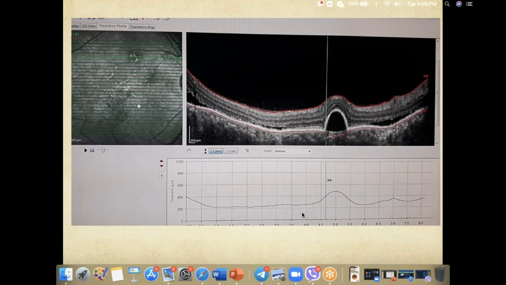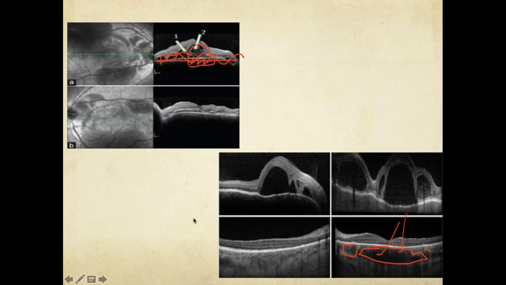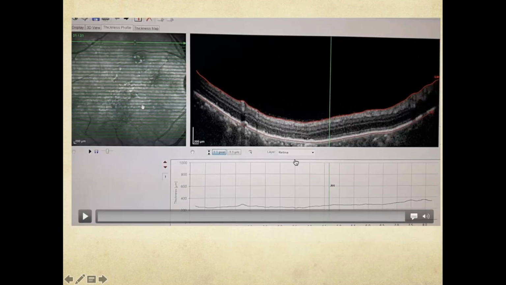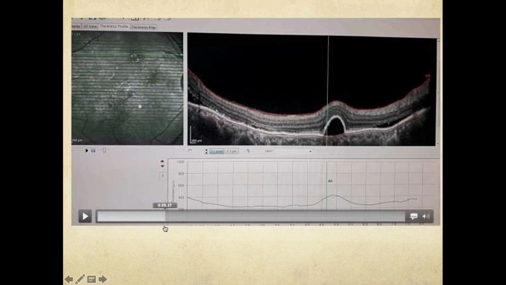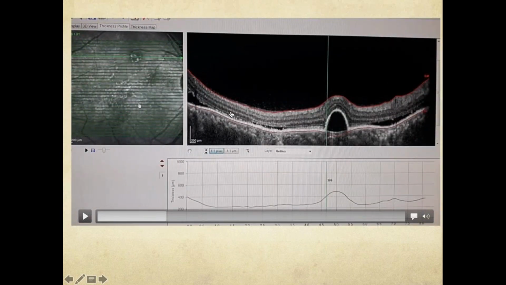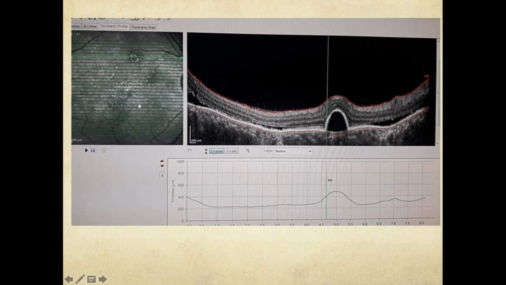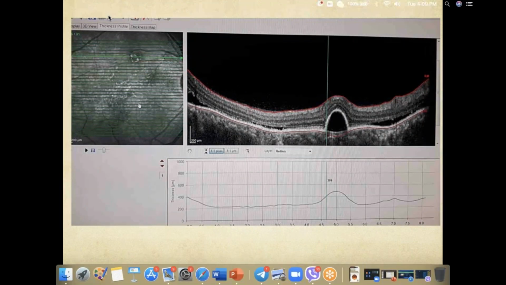In the previous slide, the choroid was almost straight. Here, look at the choroid. The choroid is also changing shapes and directions. So what is this? Anyone?